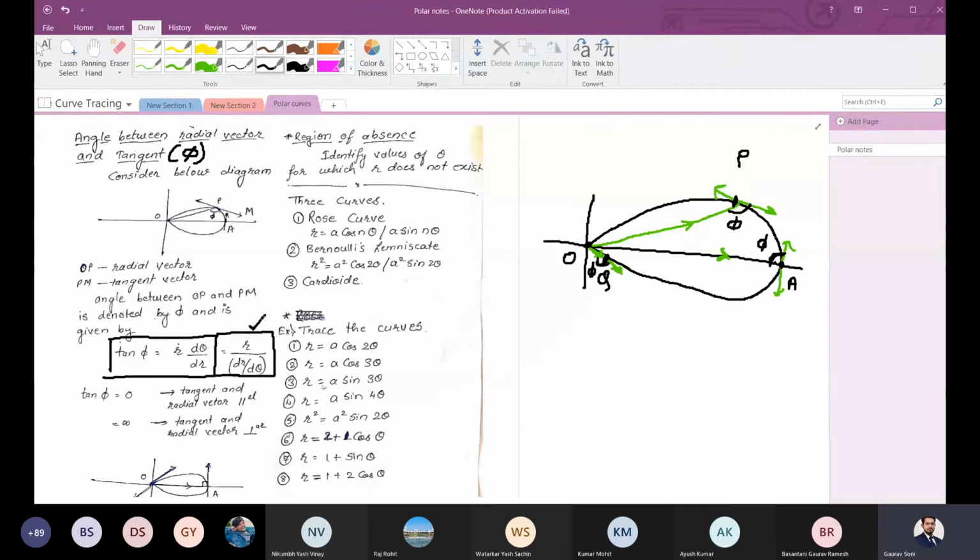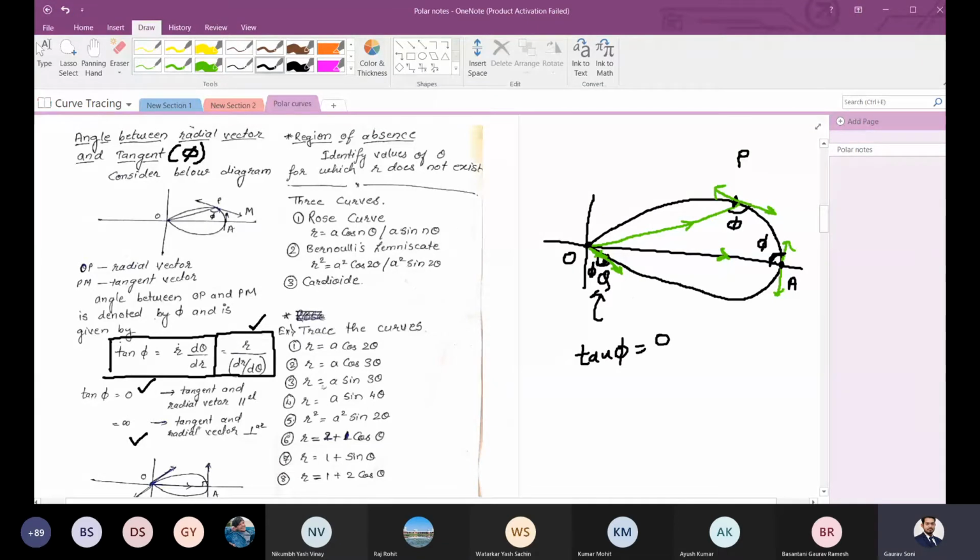Now we are not interested everywhere. What we are interested in is when tan phi becomes 0, and when it becomes infinity. If tan phi becomes 0, the tangent and radial vector are going to be parallel, which means points like Q. At this point, tan phi is becoming 0, right?